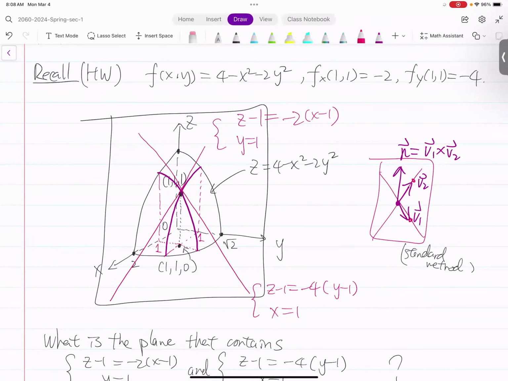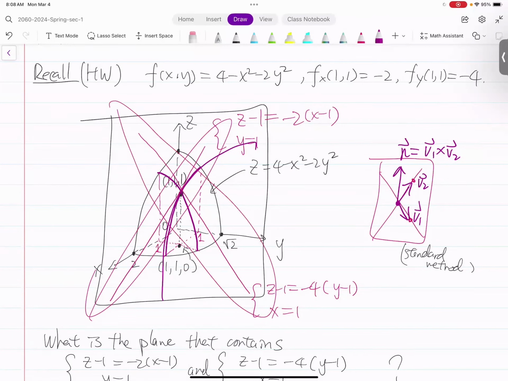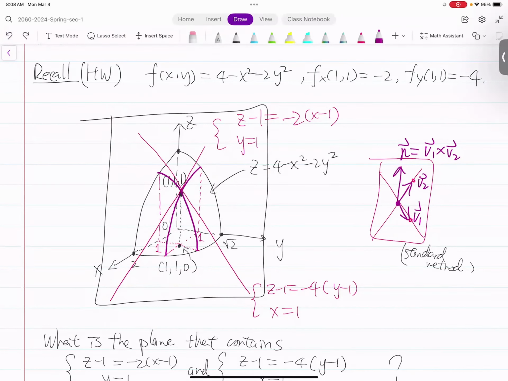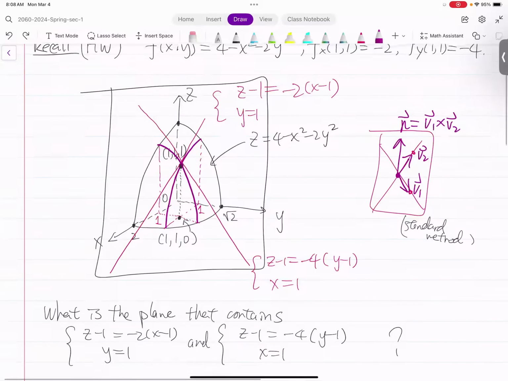So the tangent lines are linear approximations of these purple curves. This line is the linear approximation of this quadratic, right? This line is the linear approximation of this quadratic, right? So now in the plane equation, we just put these two linear approximations together. That will give you that plane, which is tangent to the black surface. Okay. So that's exactly what happens.